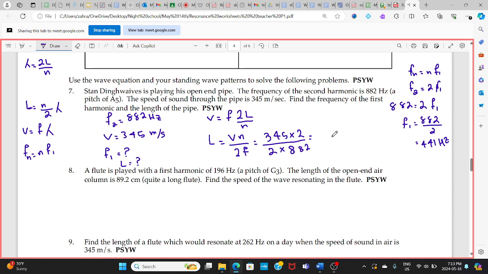If I do that, 345 multiplied by 2 divided by 2 divided by 882 is 0.39 meter. Okay? So that was my first one, and that was my second and third step. Any question?